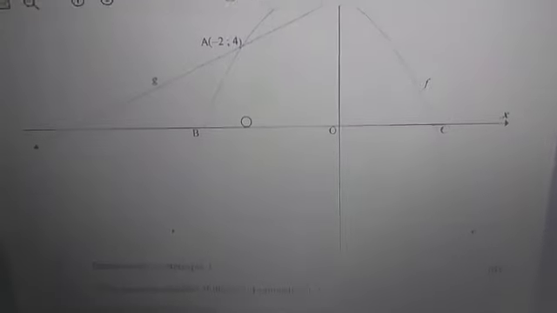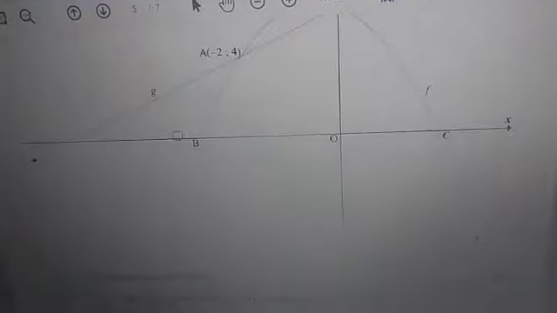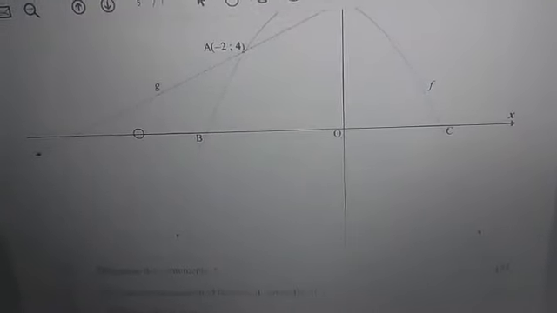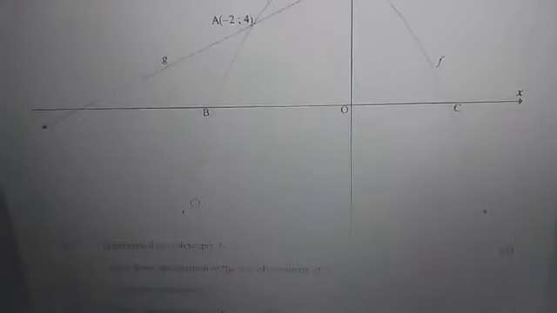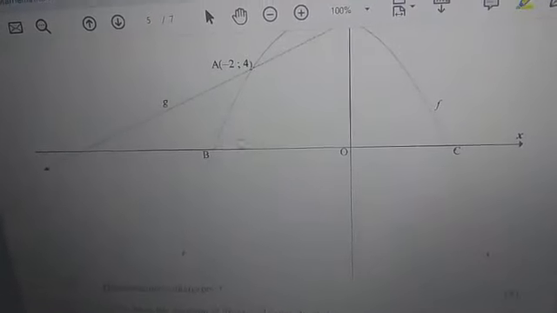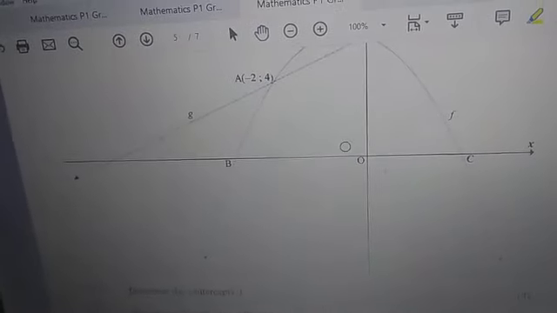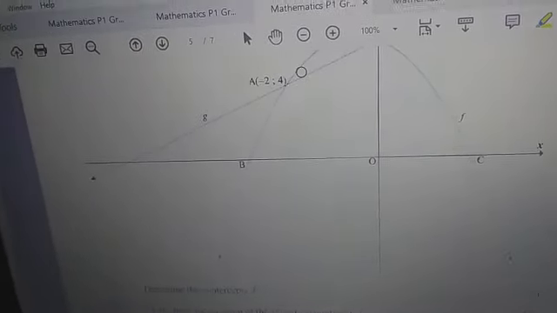Any value that is greater than -3 here, if you move here, -2 would make this graph be above 0, but -5 will mess with this part, meaning the graph will be negative. But any value that is on this side of -3 would make this graph be above 0.